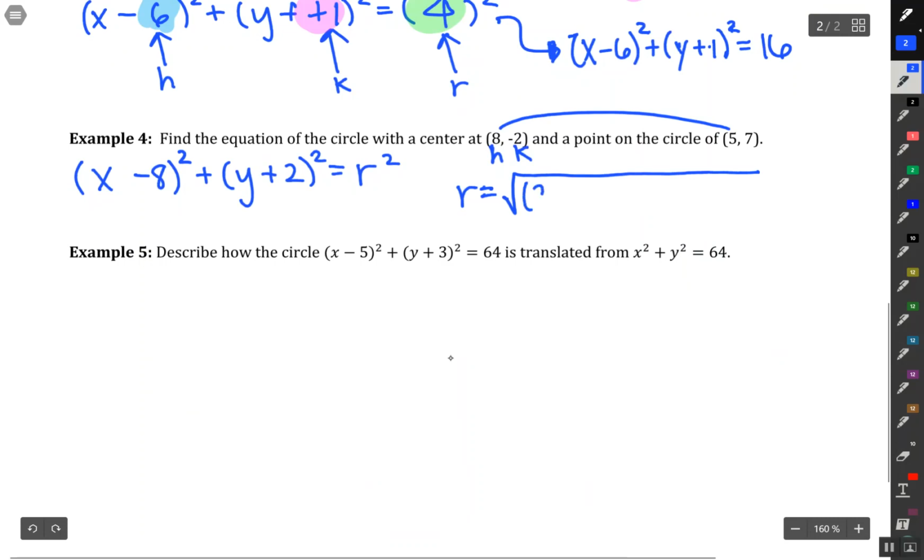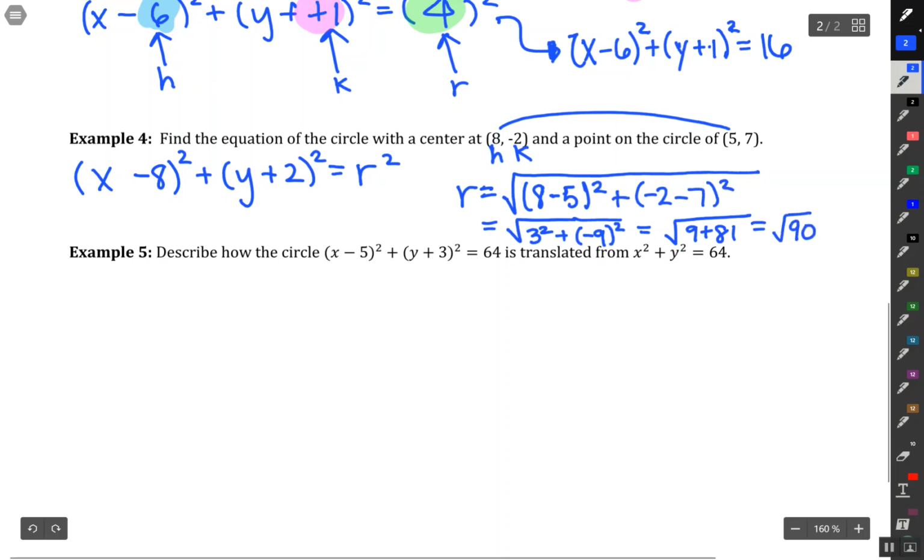So 8 minus 5 squared plus -2 minus 7 squared. So let's see, that's 3 squared plus -9 squared. It's 9 plus 81. It's the square root of 90.